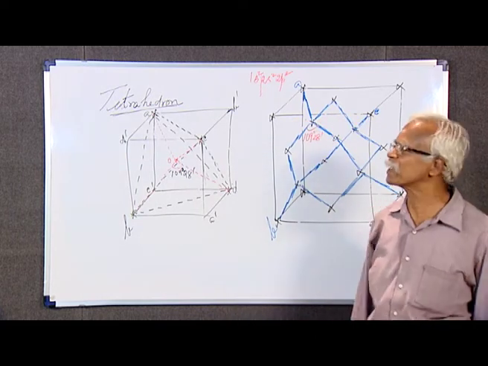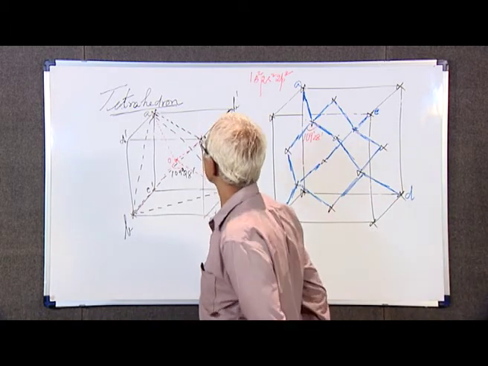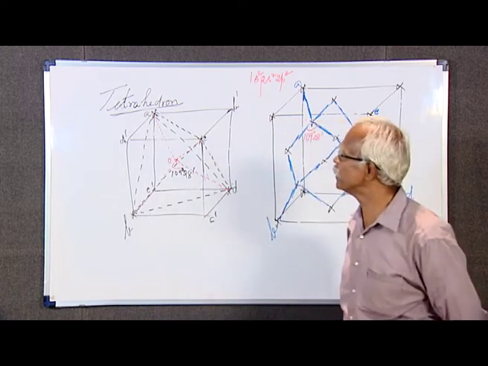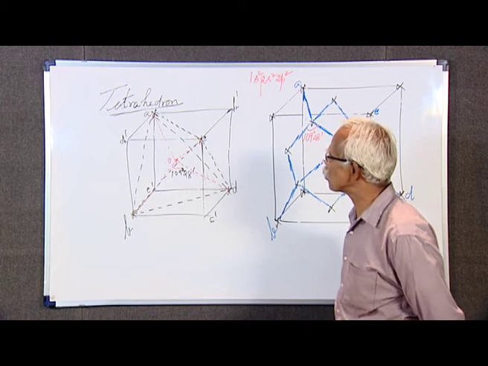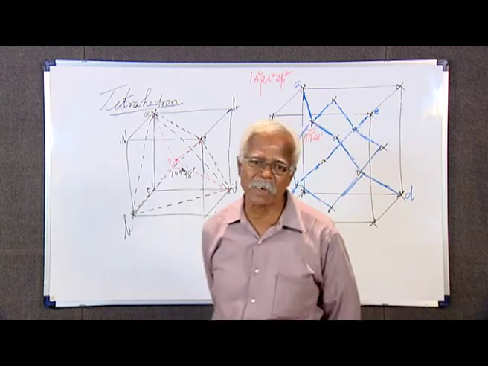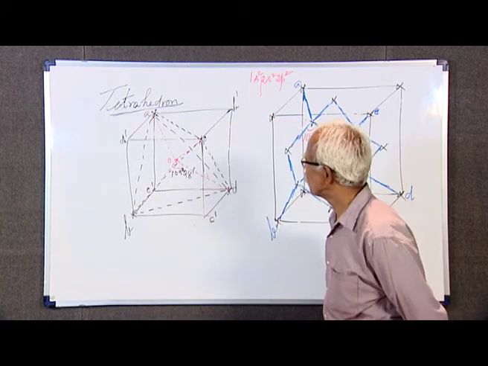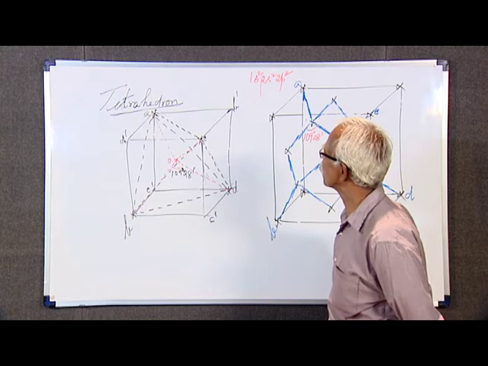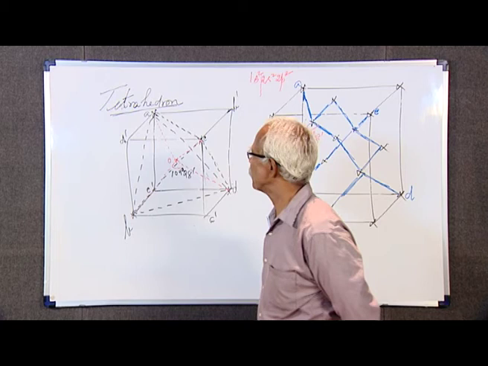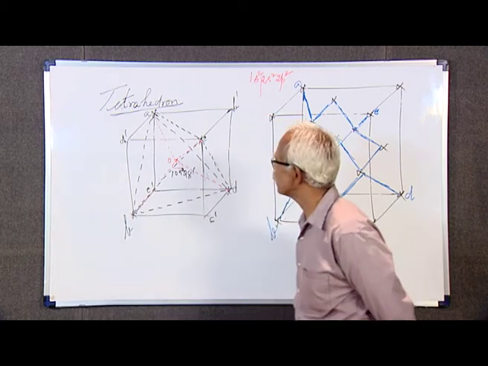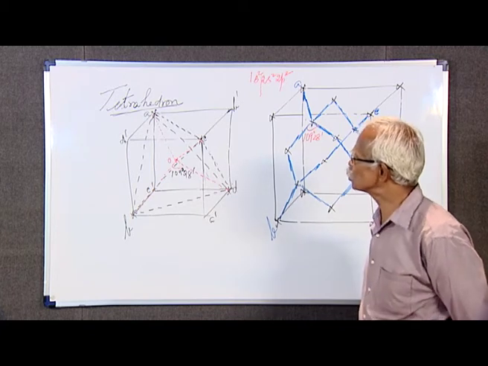The sp3 hybridized orbitals just take a ride, riding on the cubes. So, in other words, this strong but microscopic covalent bond gets itself converted into a macroscopic proportion, and that makes the crystal so hard.